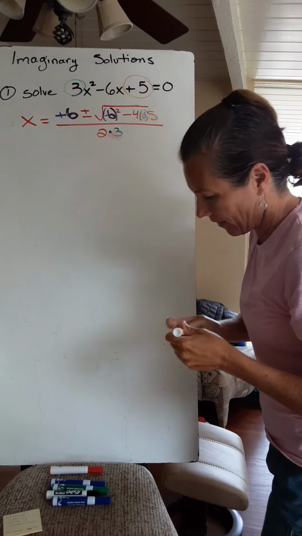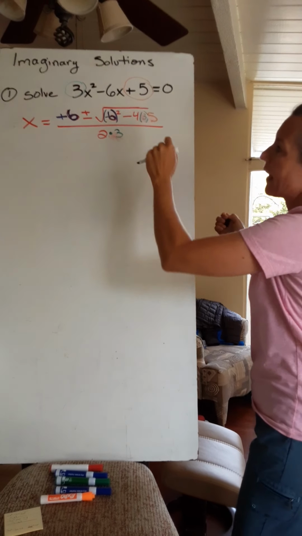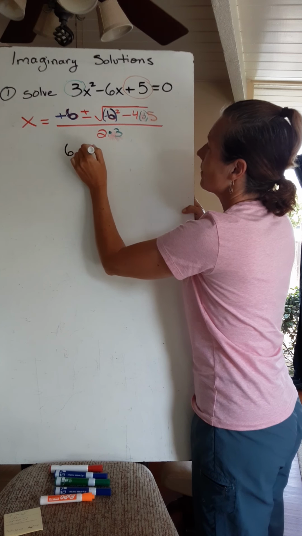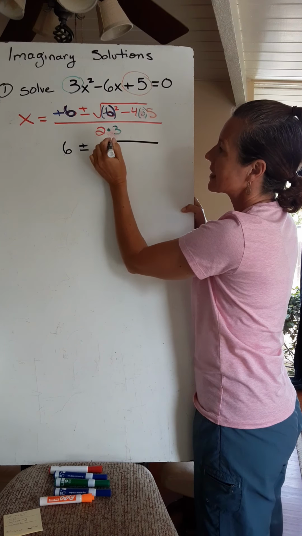When we work this out, we work what is under the radical first. So we have 6 plus or minus square root of negative 6 times negative 6 is positive 36. Negative 4 times 3 is negative 12.